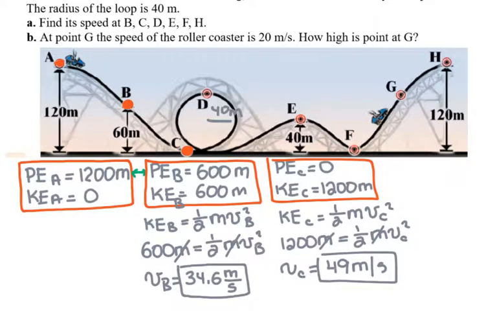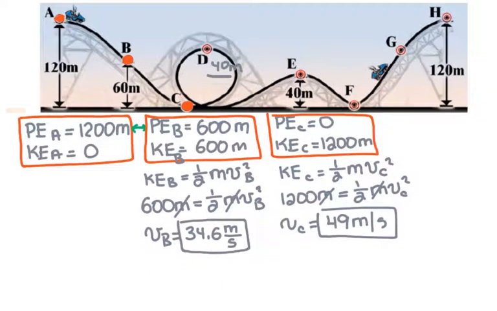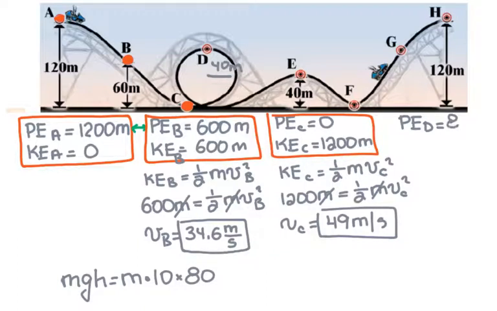Then the next one is at D. D's radius is 40 meters. That means D is 80 meters above the ground. So I'm going to calculate the potential energy at D. The potential energy at D is equal to m, g, and h. Mass is not given, g is 10 and h is 80 meters above the ground. So that is 800 times the mass.